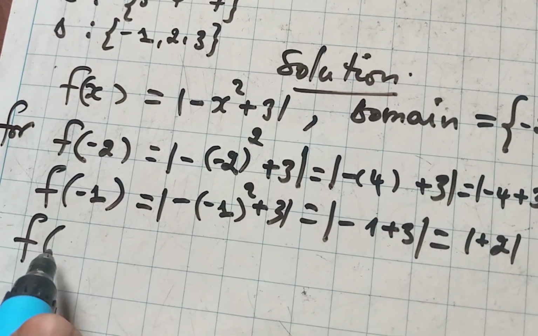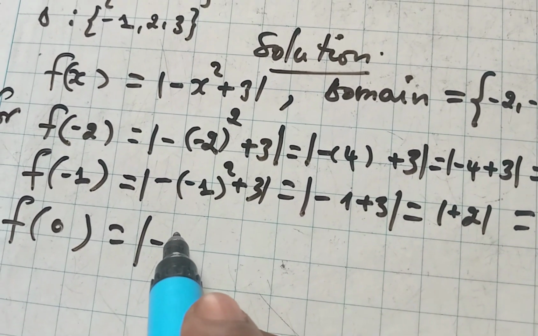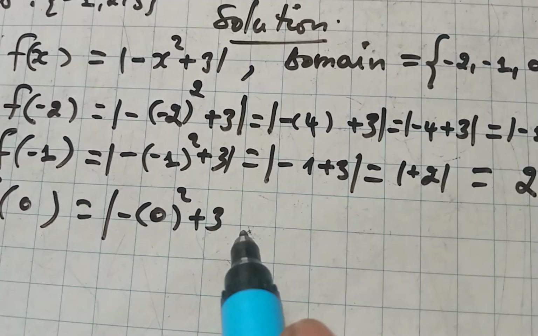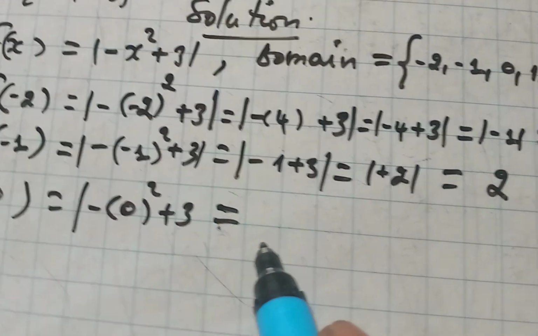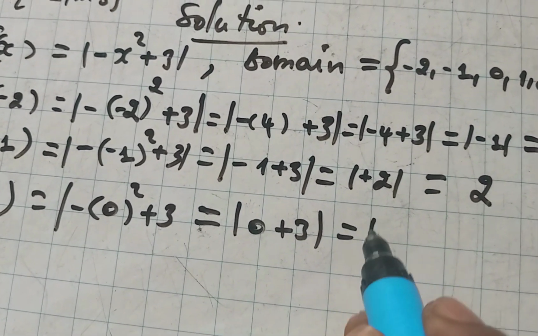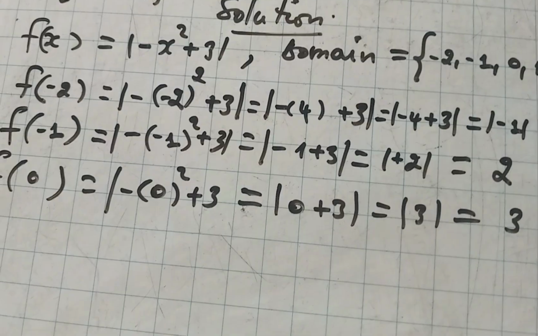For x which is equal to 0, this one will be the absolute value of 0 squared plus 3, which is equal to the absolute value of 0 plus 3, which is equal to the absolute value of 3. Now it is equal to 3.